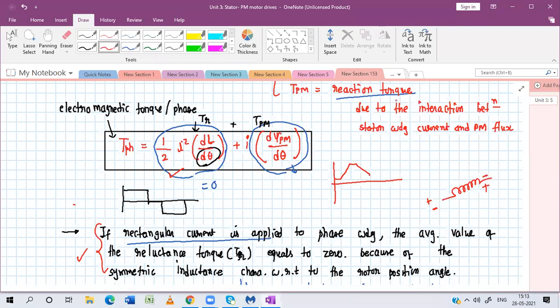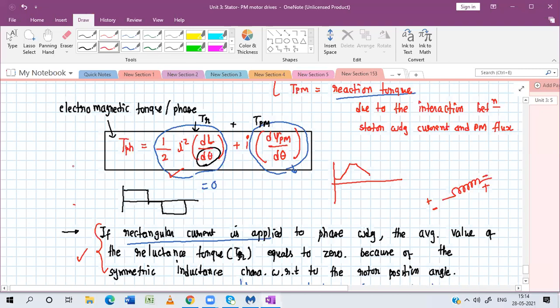Derek, your question is about how this term will be zero. If you are applying the current in this manner, then what happens? The torque also comes on the positive side and negative side, which we have also discussed in the SRM. In the SRM, we discussed that you get a positive torque as well as a negative torque.